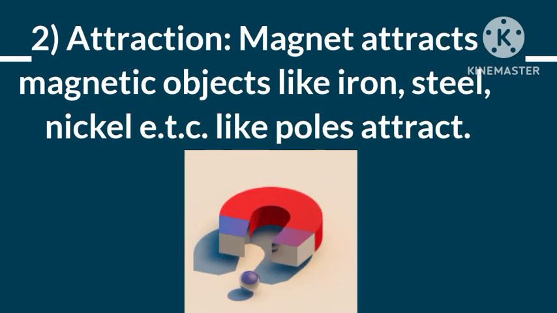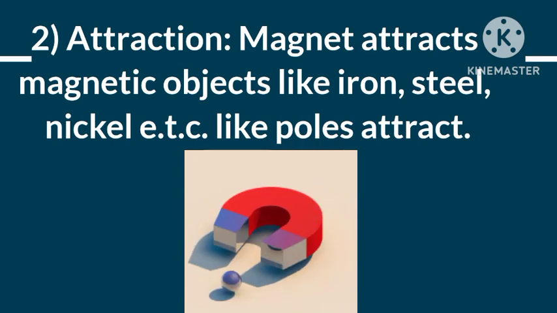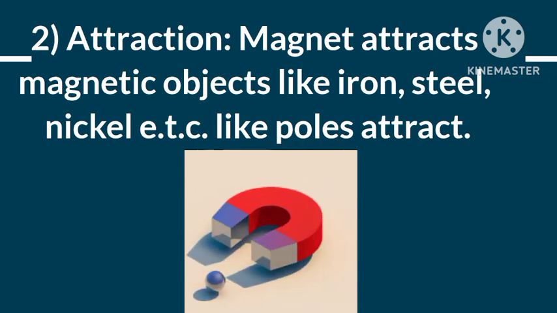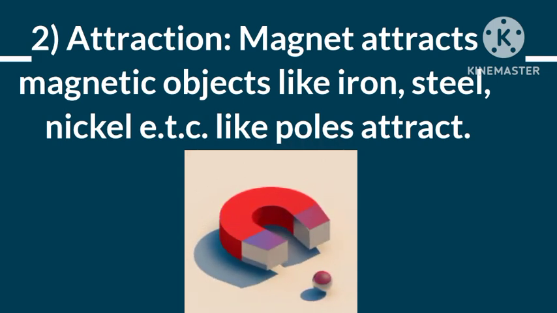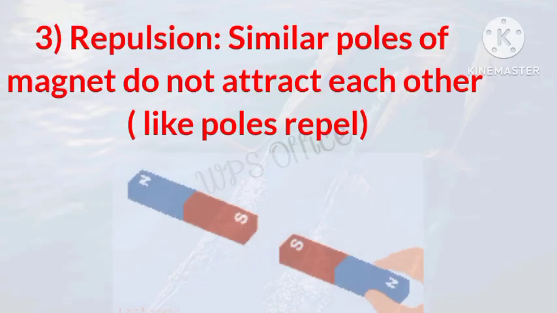Attraction. A magnet attracts magnetic objects like iron, steel, nickel, and so on. So a magnet attracts magnetic objects, and unlike poles attract.